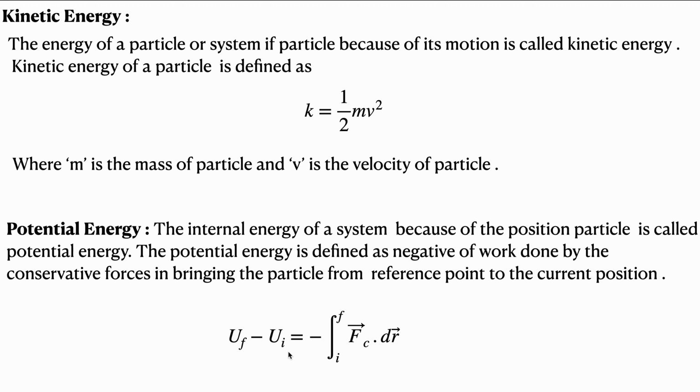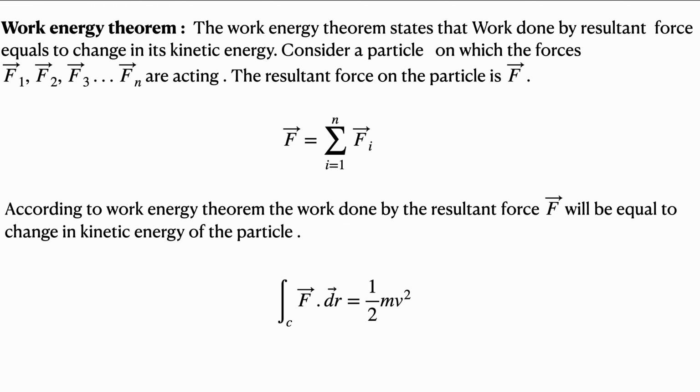So the formulation is for change in potential energy, not for the absolute potential energy. We always define potential energy with respect to some reference position, which is denoted by the symbol i. So the potential energy is a relative term which denotes the change in potential energy from the reference position.